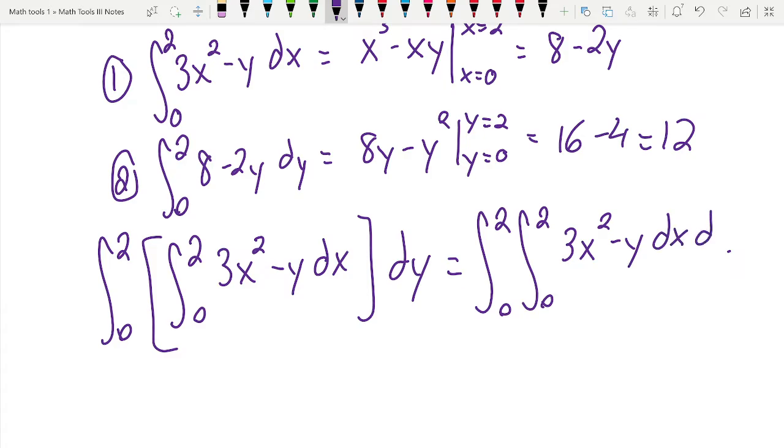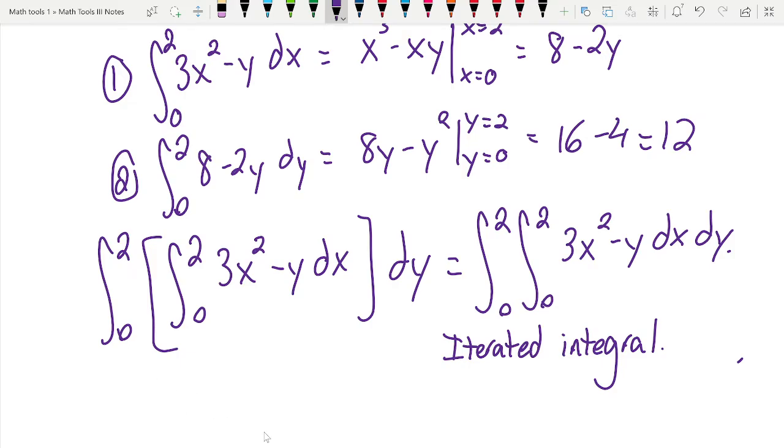Okay, dx, dy. So we have the innermost integral, and this tells us which variable to integrate with respect to first. This tells us what our first bounds are, so we work inside out. And then we have our secondary integral on the end. So again, that's called an iterated integral.